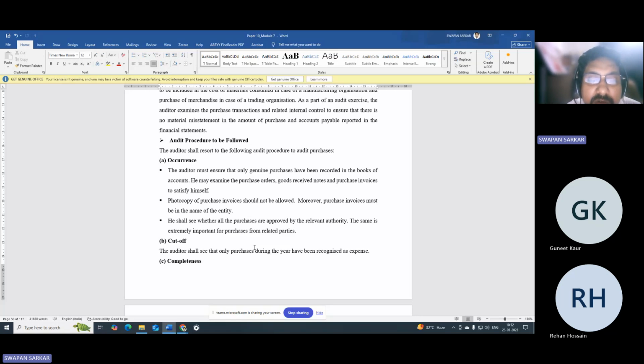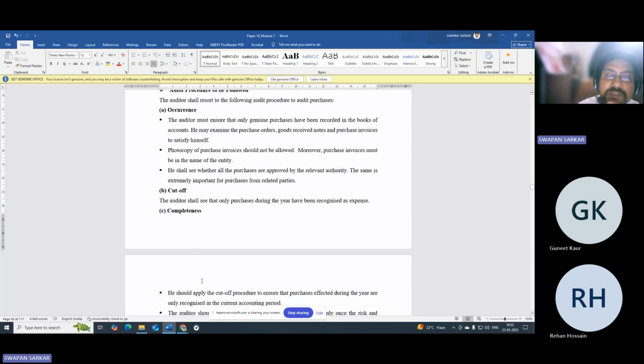He shall see whether all the transactions are approved by the relevant authority. The same is extremely important for purchases from related parties.